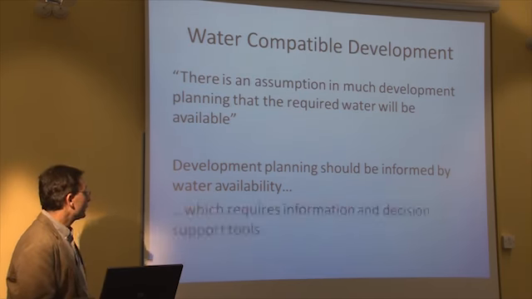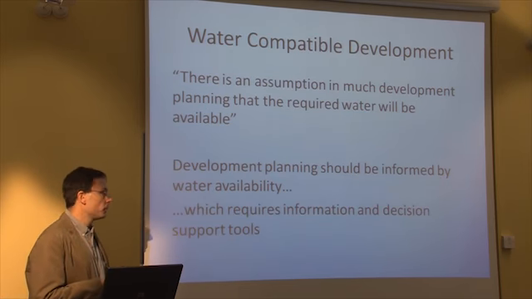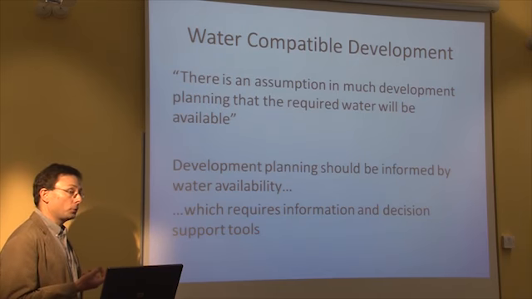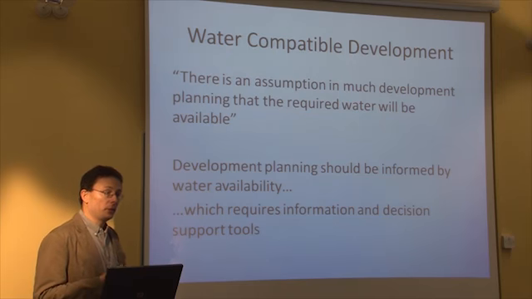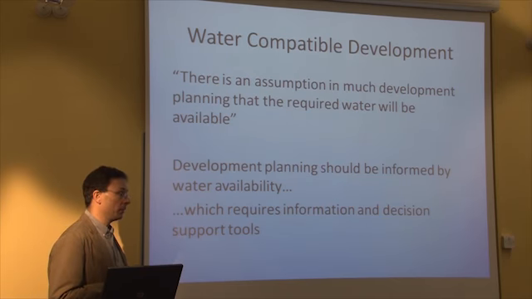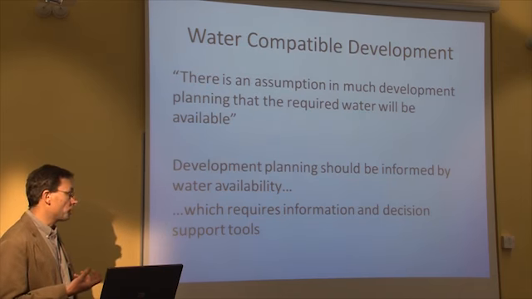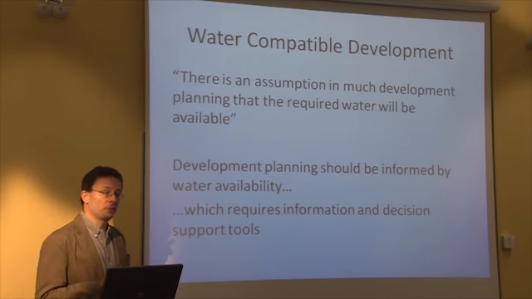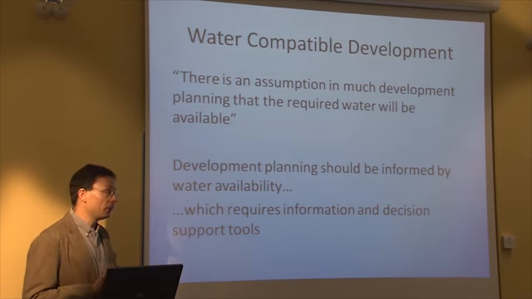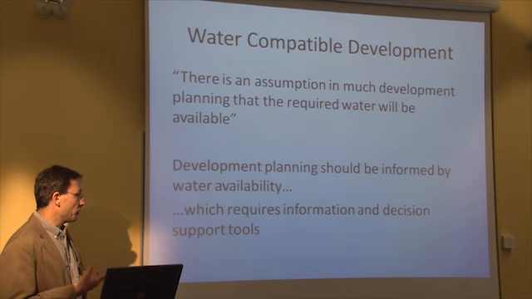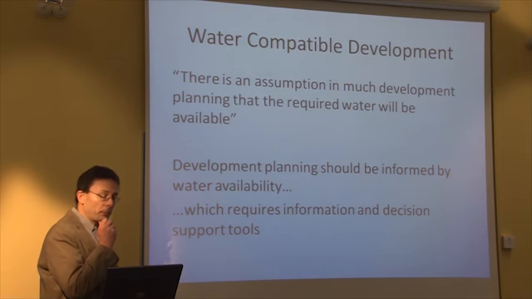And to do that requires good information and decision support tools to enable that planning to actually take water issues into consideration in an integrated manner. And that's not always the case. Those data and information and the methods of using that information in planning and decision-making processes aren't always there, and that is a need from both a research and a practical applied point of view.